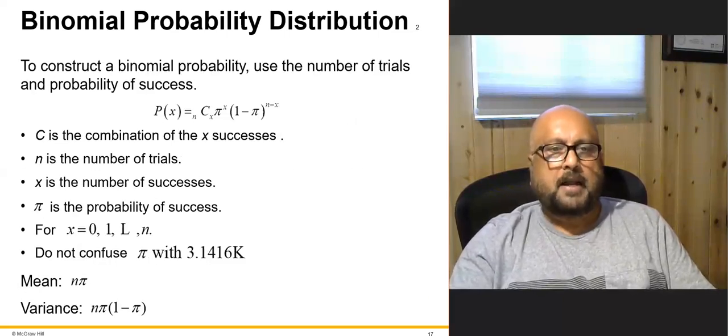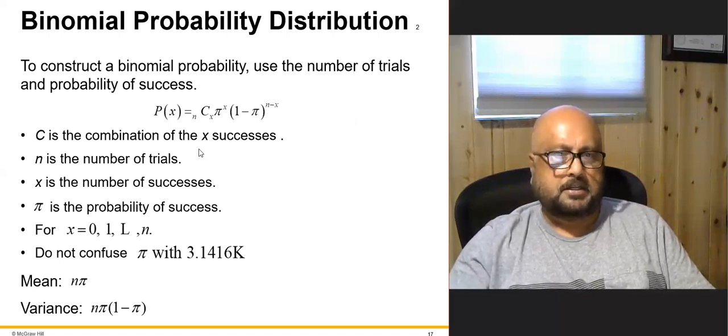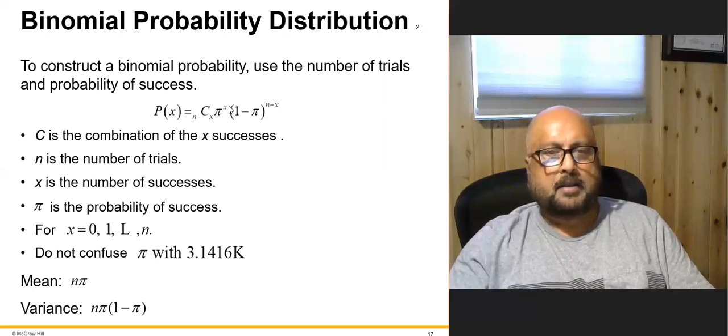So the formula for the binomial distribution is this actually. P(x) is equal to nCx times pi to the power x, times (1 minus pi) to the power n minus x. And what does it stand for?